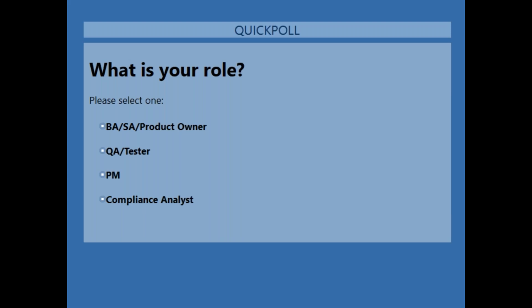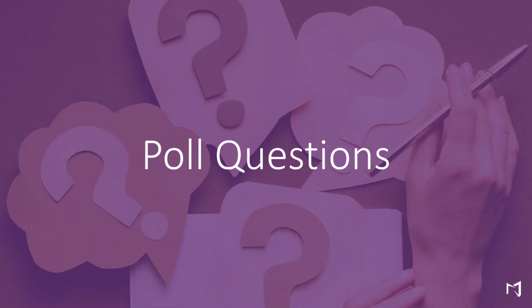So the results here are, 80% are business or systems analysts or product owners. And then we've got some testers, some project managers, and a few compliance analysts. With that, I would say that's awesome. Thank you.